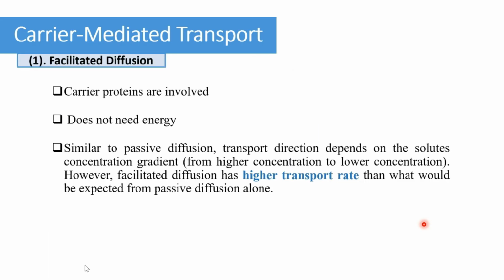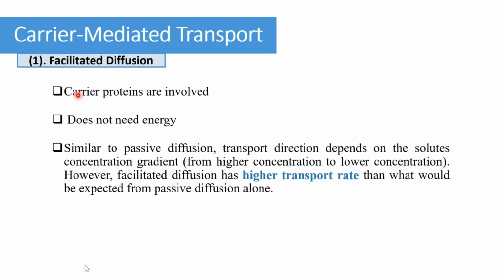So here we will discuss facilitated diffusion first. Facilitated diffusion is part of carrier-mediated transport. In facilitated diffusion, carrier proteins are involved; carrier proteins here act as the transporters. It is different from passive diffusion, because in facilitated diffusion we need a carrier to transport the drug.